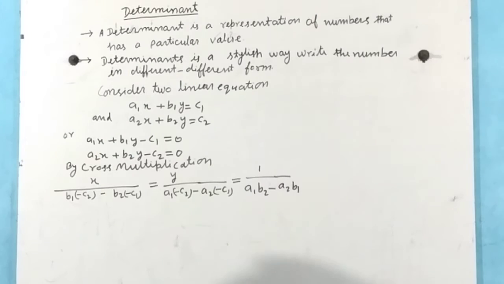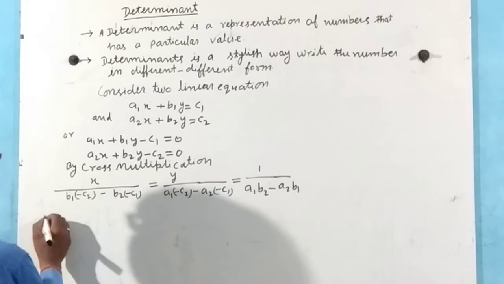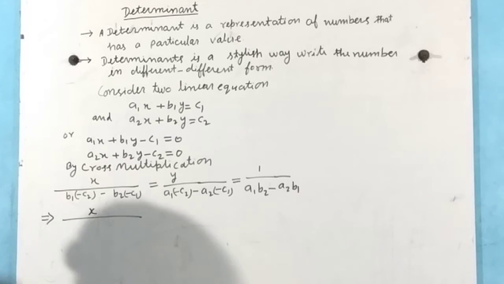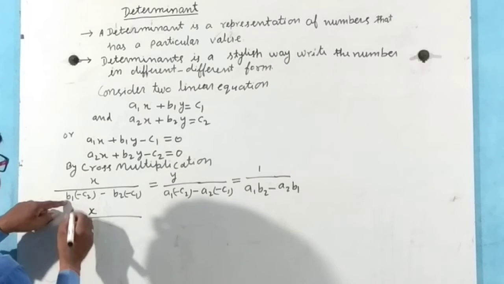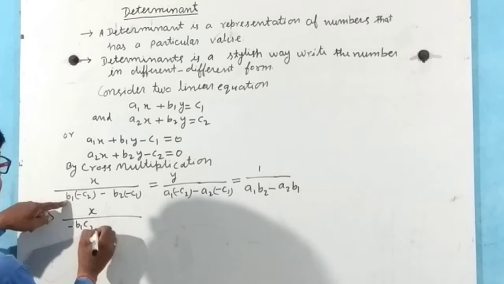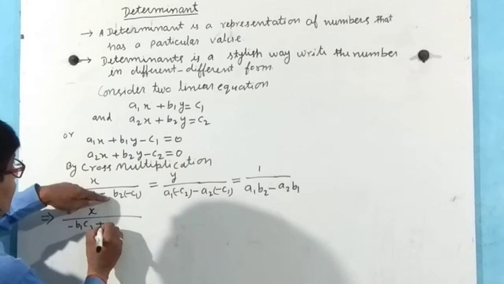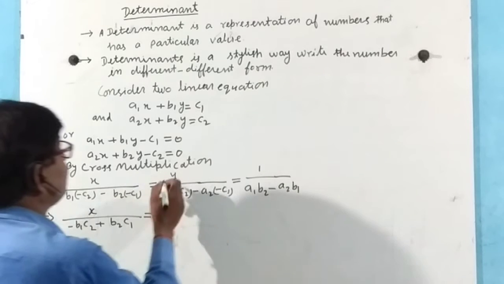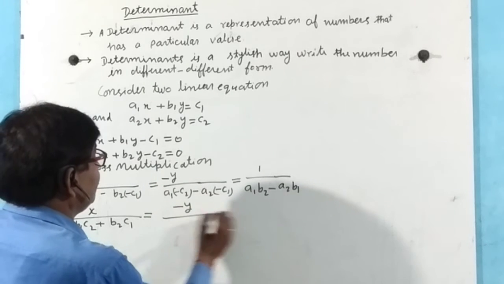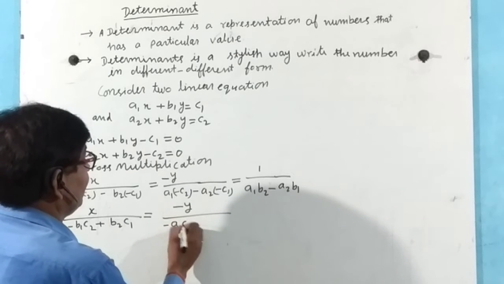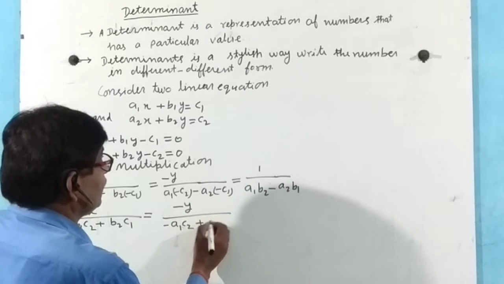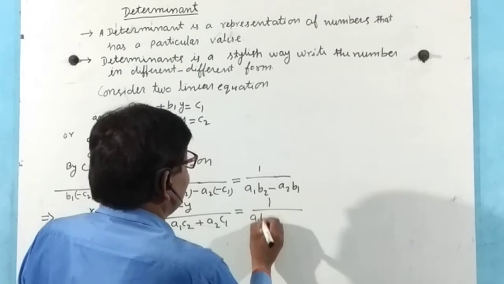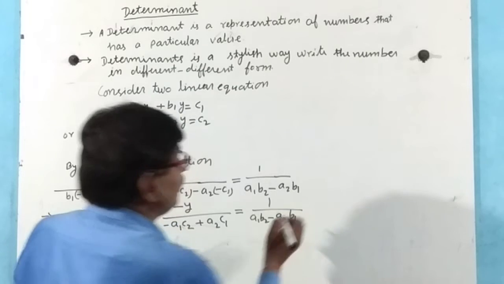Now x by minus b1 c2 plus b2 c1 equal to minus y divided by minus a1 c2 plus a2 c1, this is equal to 1 by a1 b2 minus a2 b1.